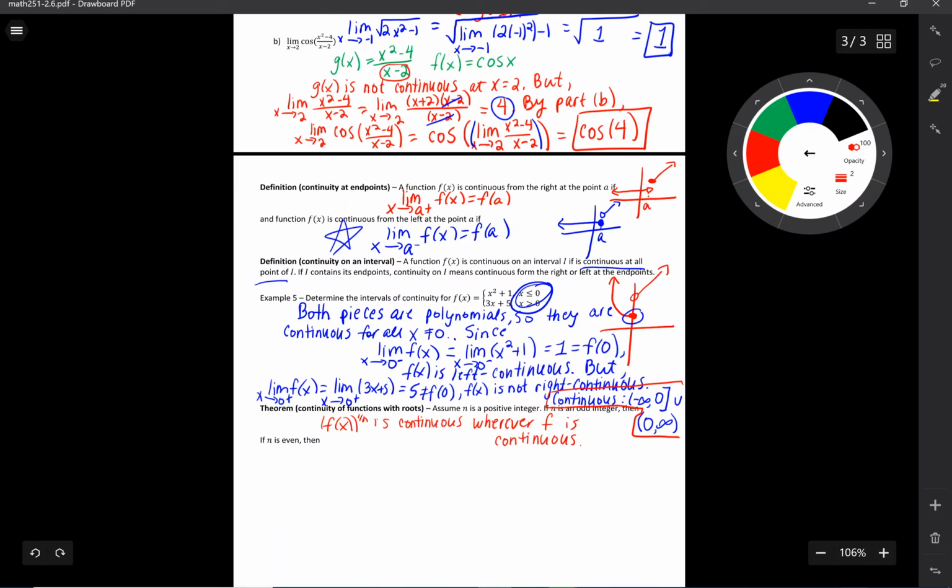Taking odd roots is fine, but taking even roots is a little bit trickier, right? Taking the square root means that I have to have a positive number on the inside of the square root. So f of x to the power of 1 over n, if n is even, is continuous wherever f is continuous and positive.